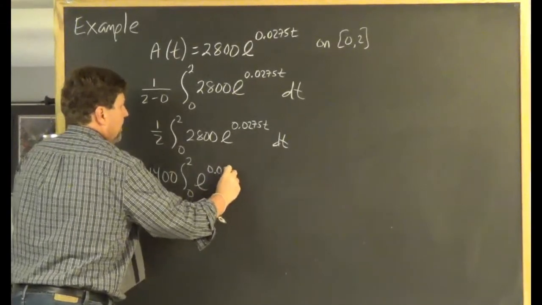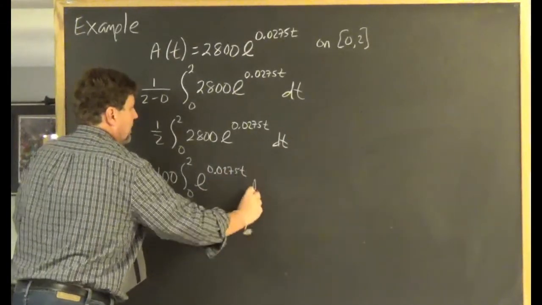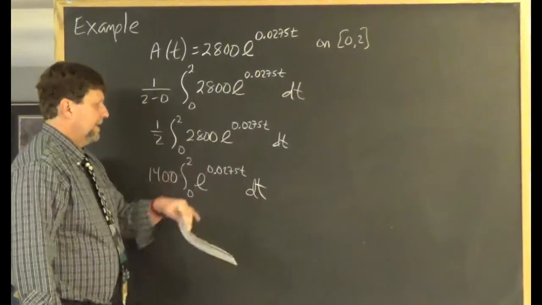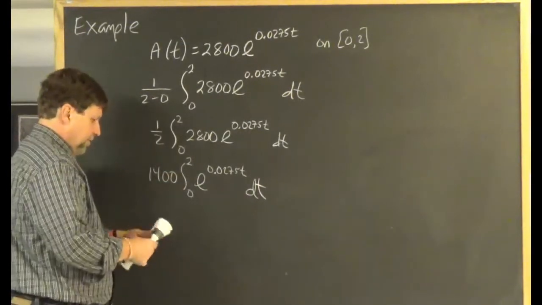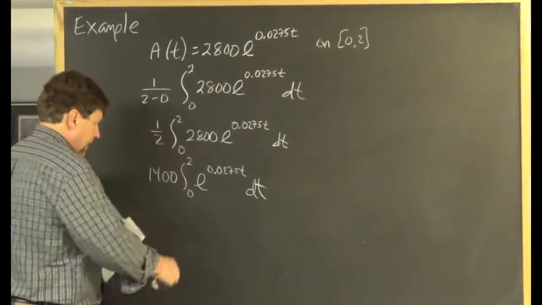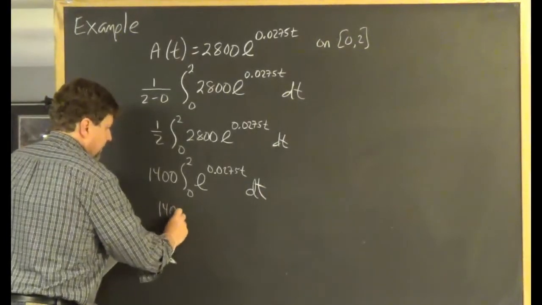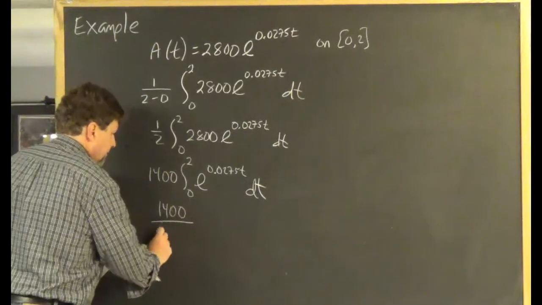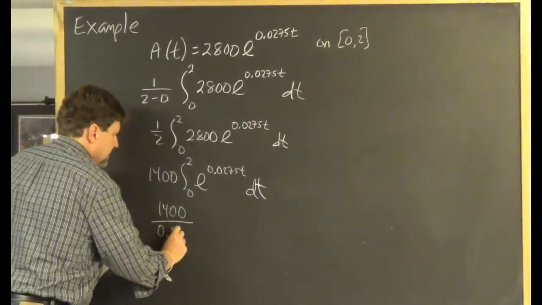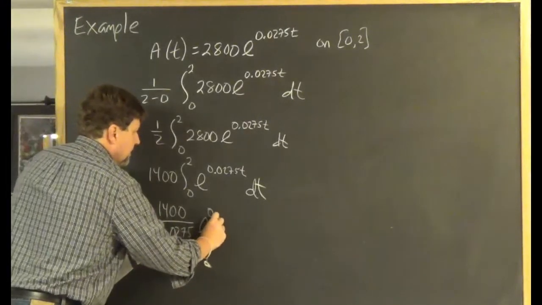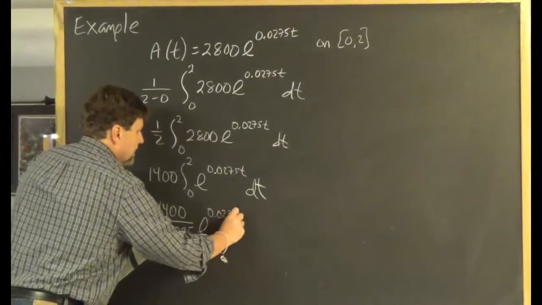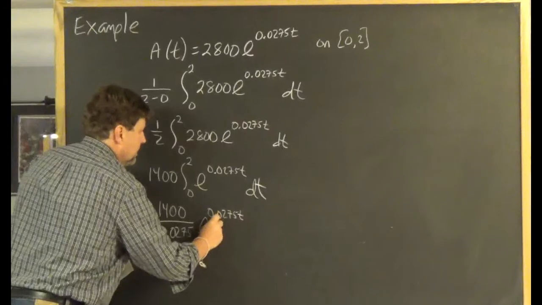And remember how easy it was to integrate e to the 0.0275t? I mean, there was a little formula for you on how to do it. You get the antiderivative to be 1400 over 0.0275 e to the 0.0275t.